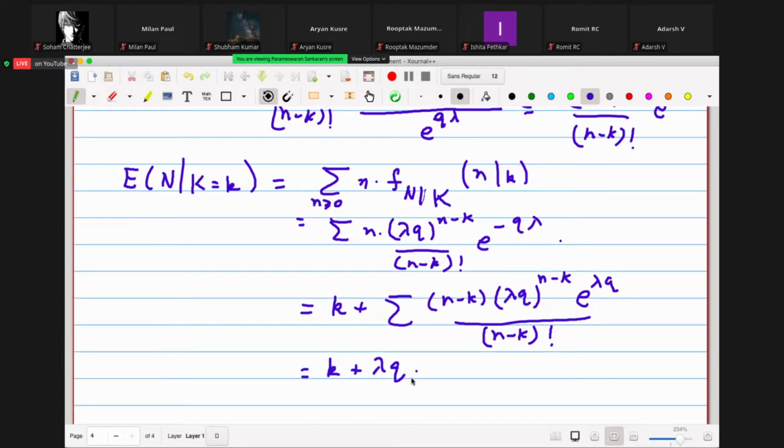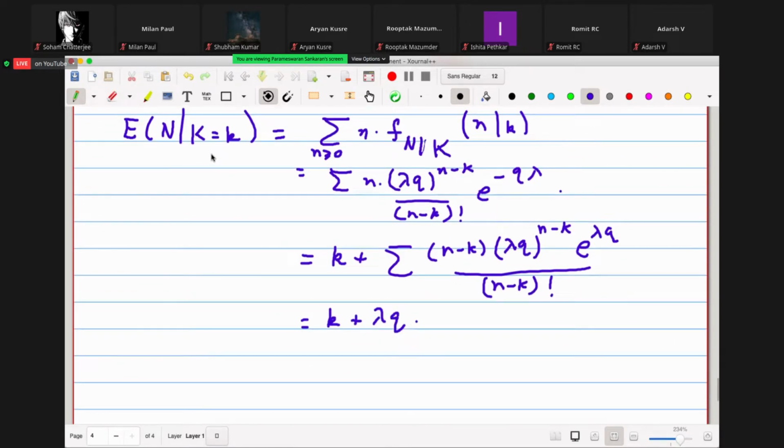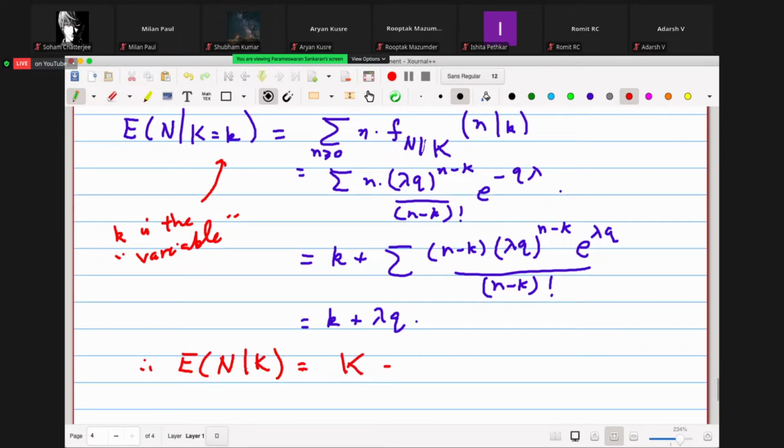Okay. And now you must think of this. So you see, this is the variable here. So think of k as the variable. Therefore, we can write expectation of n given K. So this as a random variable is the same thing as the random variable K, and lambda and q are constants anyway, so it is just a constant plus this.